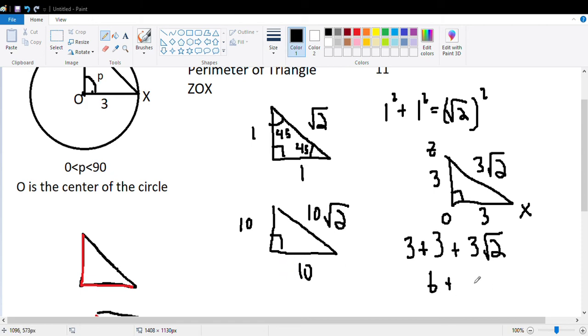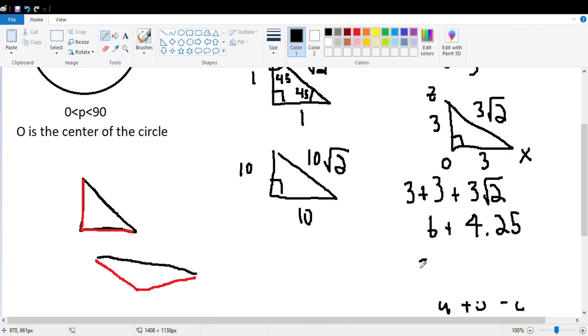So this is around 4.2. I'm just going to round to 4.25. I rounded upwards, actually, and we get a value of 10.25. Now that's the extreme case.